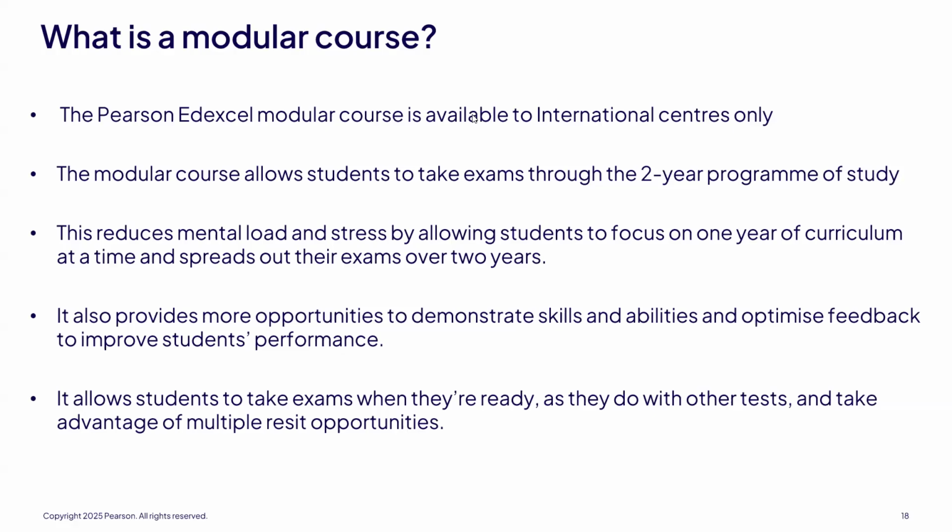So in each of the examiner reports for 4ET 101, you will find exemplars. The principal examiner will have picked out live scripts at each of the levels of the mark scheme, and you'll find those in the examiner report. So not much as yet for the modular, but obviously the 4ET 101 is the same standard as is being assessed in the modular.